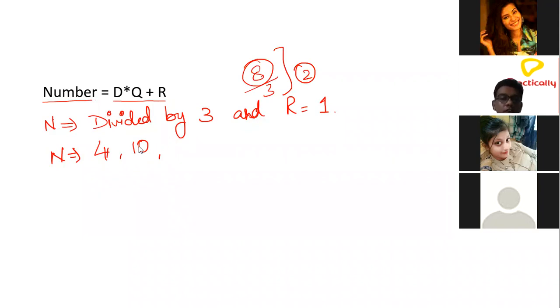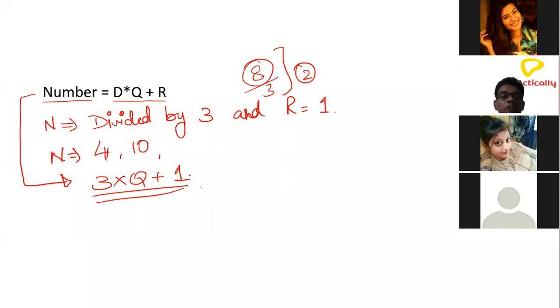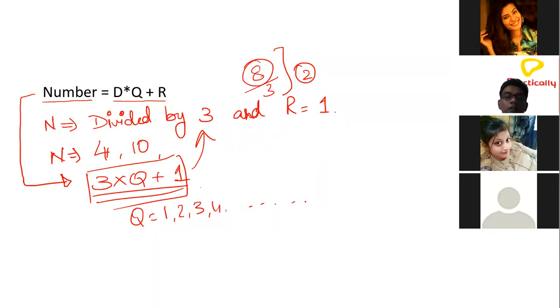Thank you. So all numbers which will be in the form of 3 into quotient plus the remainder fall under this category. If I start placing Q values as, let's say, 1, 2, 3, 4, I get different sets of numbers.